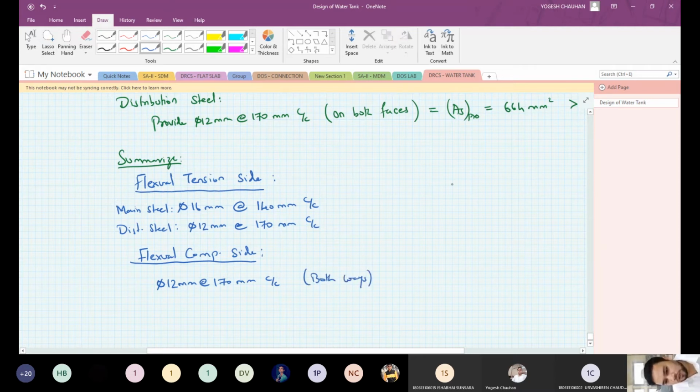Both ways means both the main as well as the distribution steel are of the same 12 dia at the rate of 170 mm center to center.